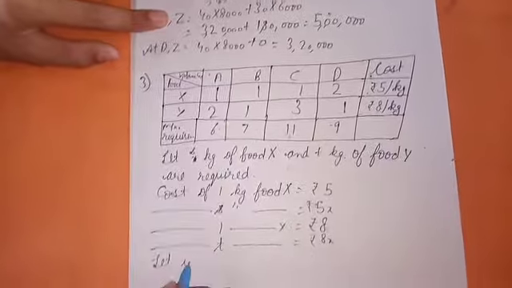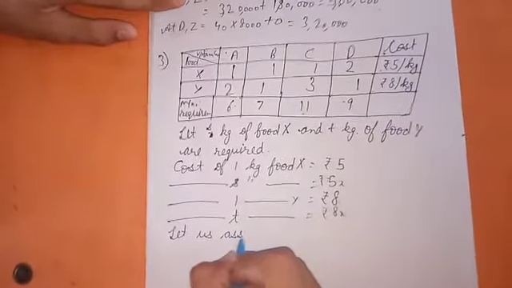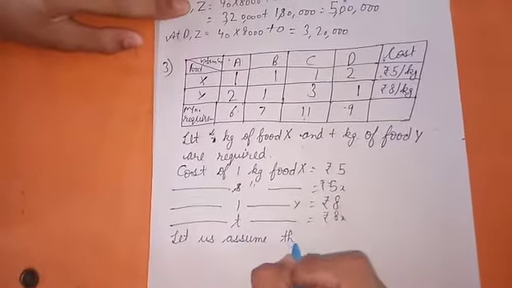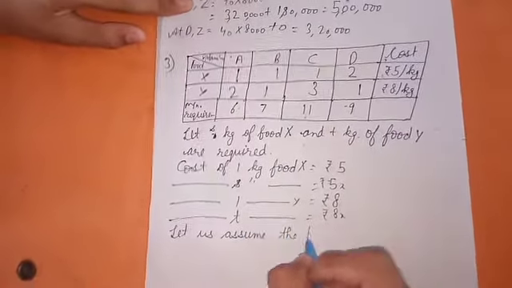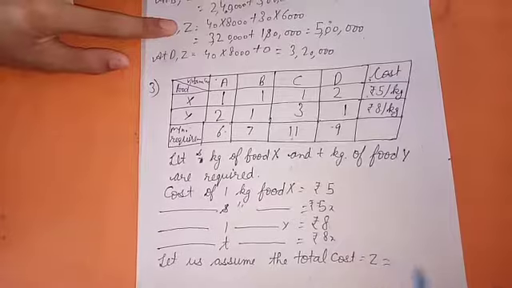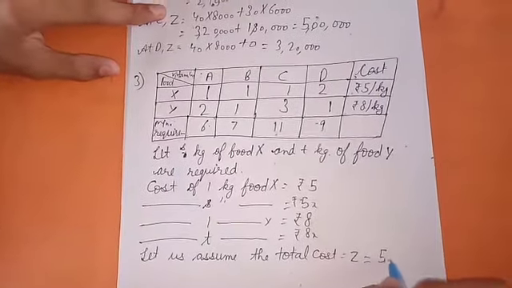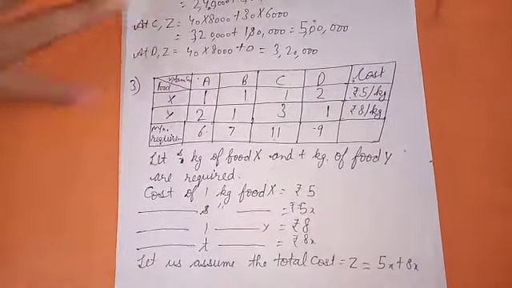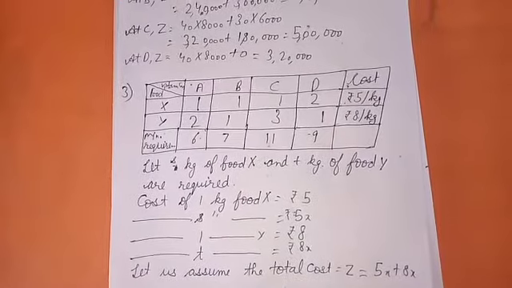Now let us assume the total cost is equal to Z, and Z will be equal to 5S plus 8T.